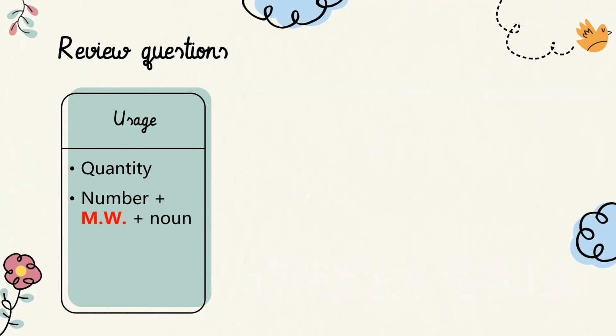Good. We should place the measure word between the number and the noun. And just one more thing, remember the noun can be omitted. For example, if you want to say two glasses of wine, you can just say 两杯, and you don't have to say 两杯酒. The wine can be omitted.